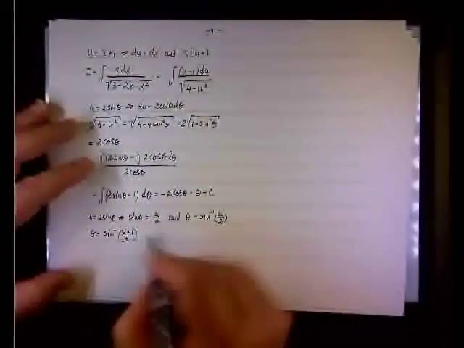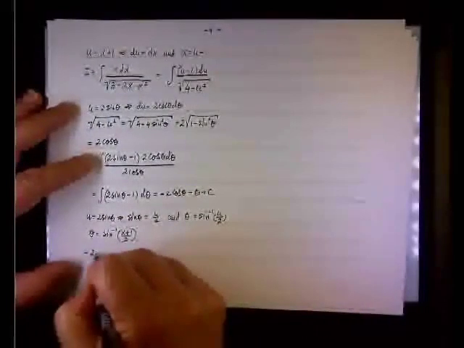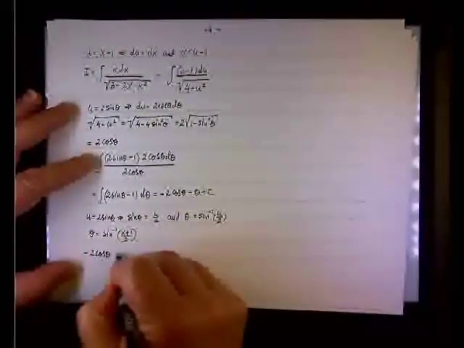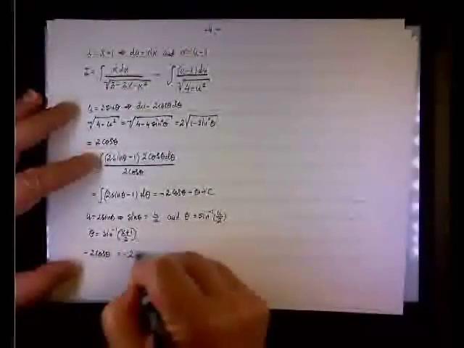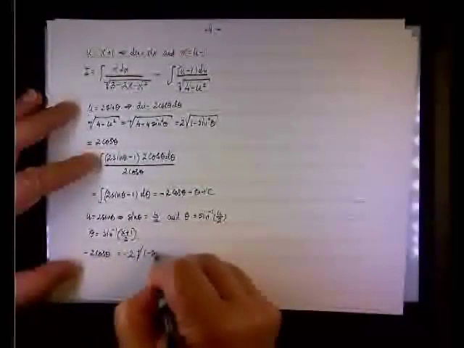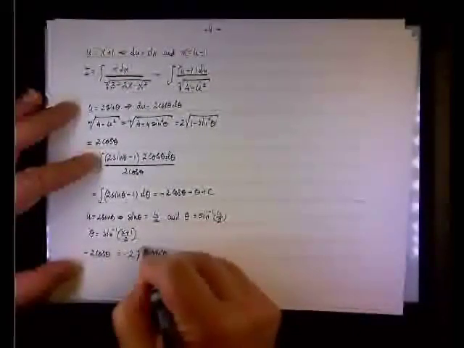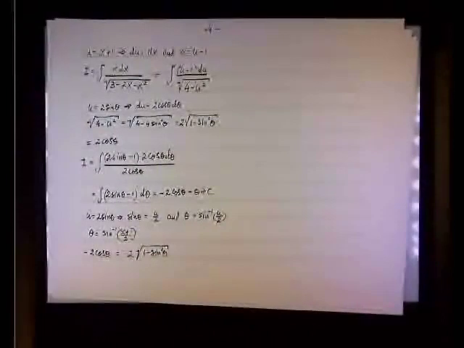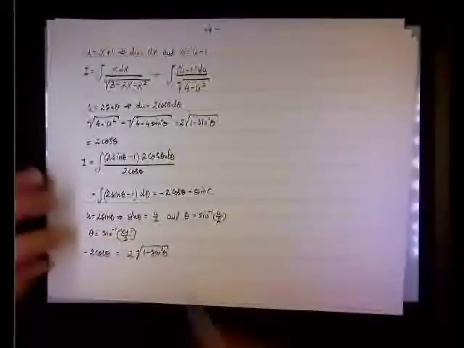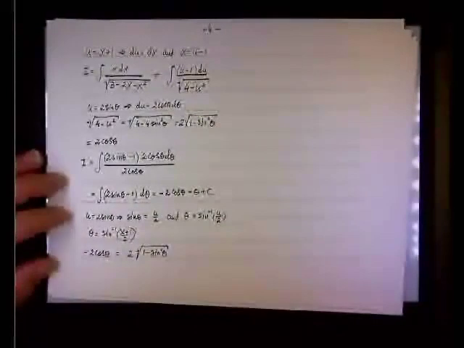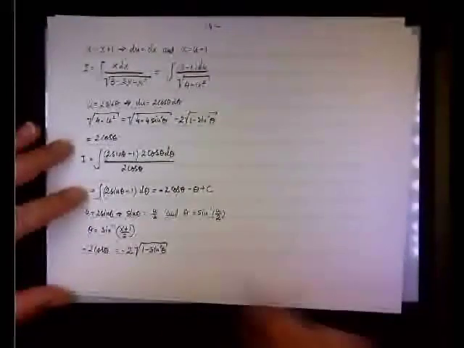Well, let's see. Negative 2 cosine theta will be negative 2 times the square root of 1 minus sine squared theta. Notice that I don't use the triangle here. I could have used the right triangle, but here, just to go from the cosine to the sine is not that hard.